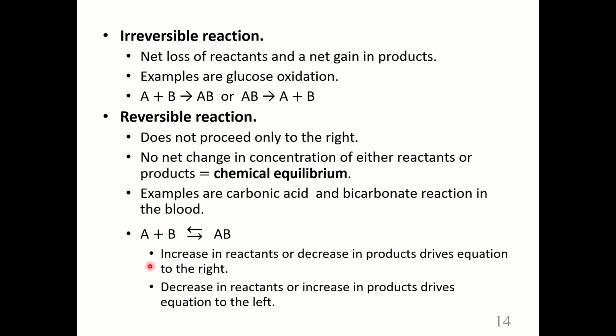An increase in reactants or a decrease in products drives the equation to the right. A decrease in the reactants or an increase in the products drives the equation to the left.